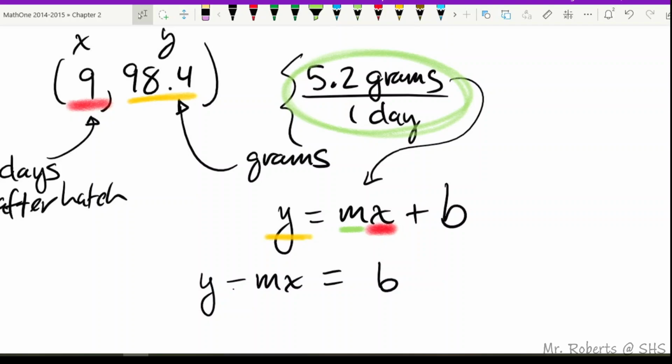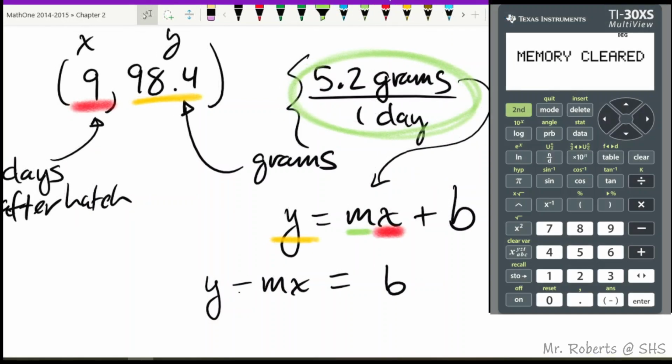I'll bring up my calculator here. My y value is 98.4, and from that I subtract m, which is 5.2, times my x value of 9.